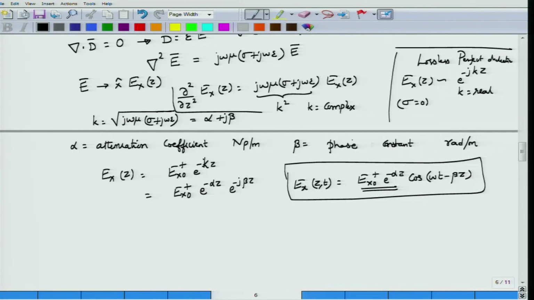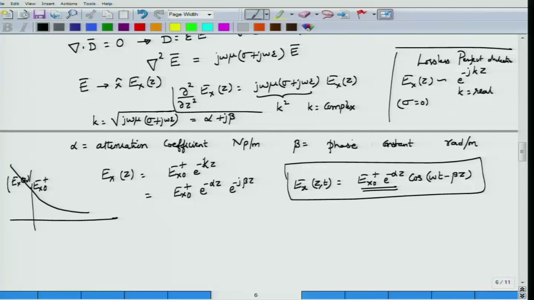As z increases, the corresponding value of e power minus alpha z starts decreasing, and therefore the amplitude starts decaying. If you plot the magnitude of the electric field alone, you would find that at z equal to 0 it has the value of Ex0 plus, and beyond that it has a value coming through this.